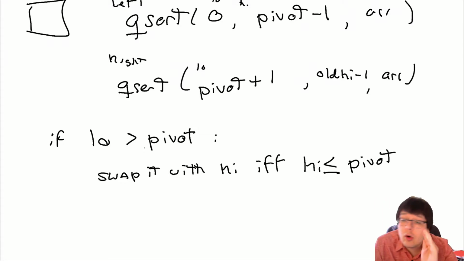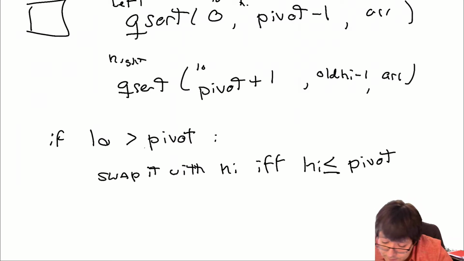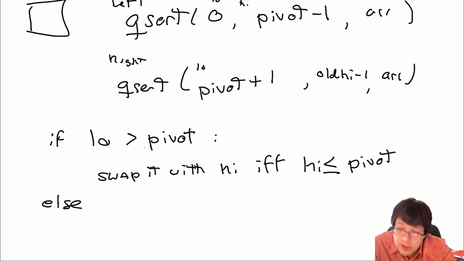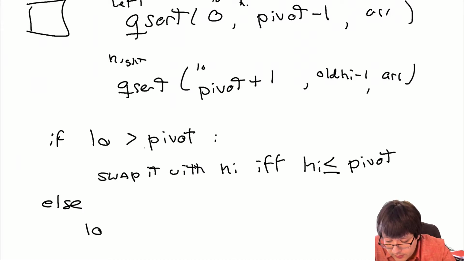So only in the scenario where the high is less than or equal to the pivot, you swap. Otherwise, if the low is equal to the pivot or the low is less than the pivot, then all you're going to do is just increase the low counter, okay?